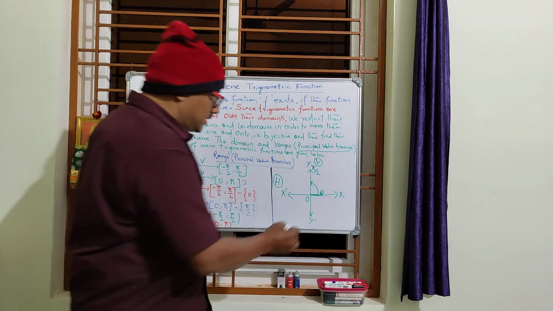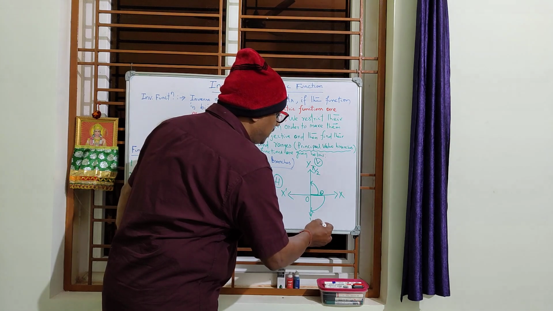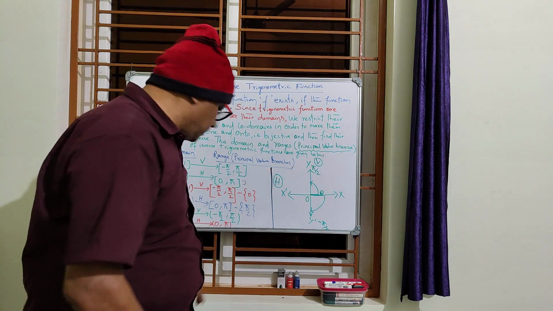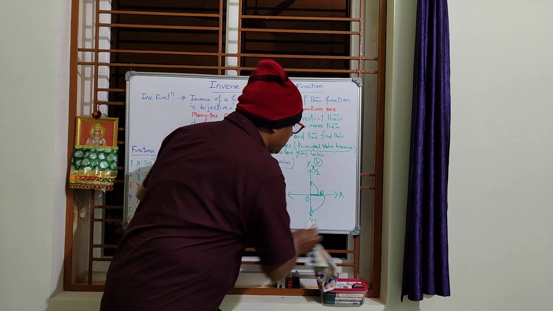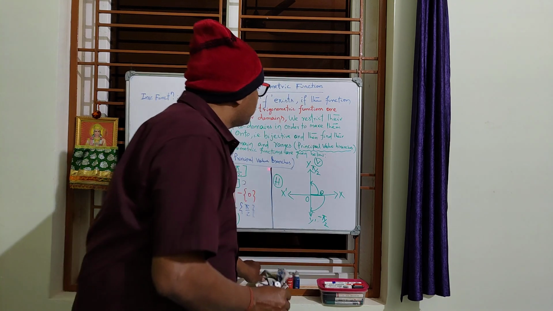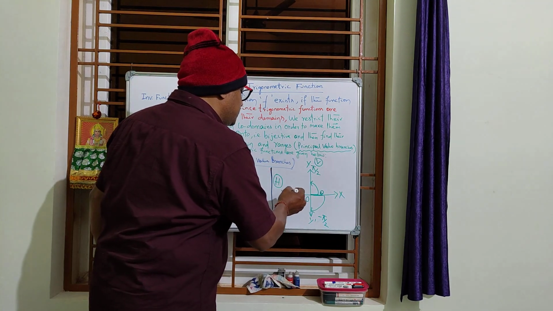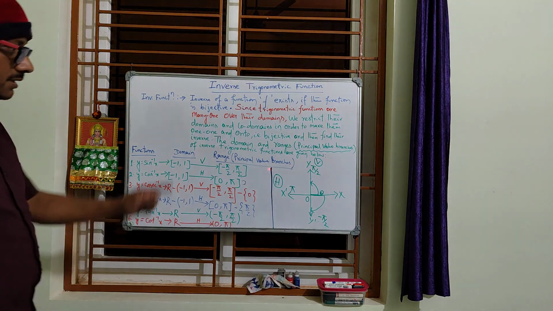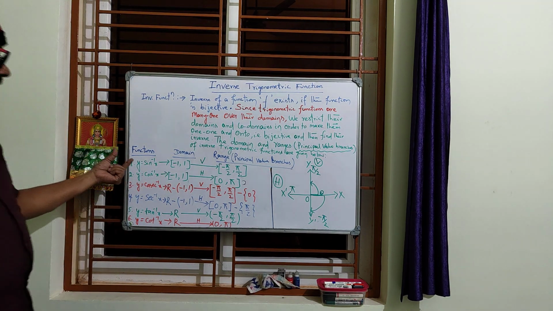In the clockwise direction, the angle here is minus pi by 2. Let me write it clearly. Minus pi by 2. But on the x-axis, here is 0. On the x dash, that is pi.